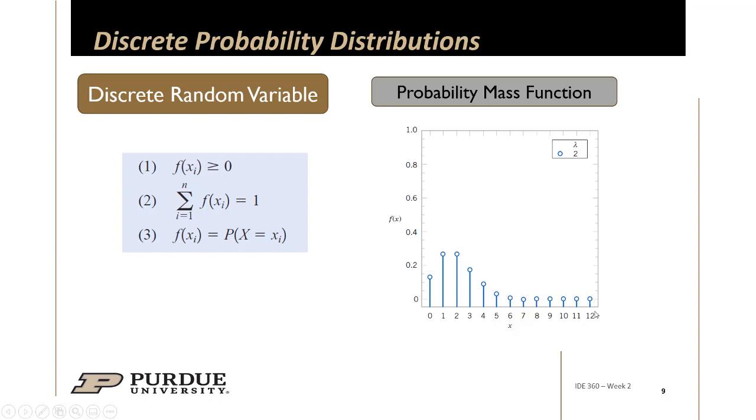These are the three characteristics that we saw before, in another language: the function is always positive, the sum of all these little bars sums up to 1, and the function at a particular x value gives the probability of the random variable being equal to that specific value.